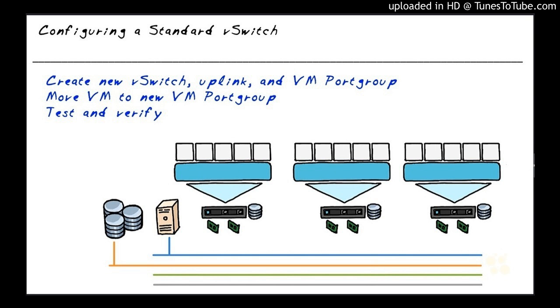So let's go to the home page for the vSphere web client. Let's hover on the home icon up here, and then from the drop down, click on Home. And let's go to hosts and clusters. To get there, we can either click on this icon for hosts and clusters, or we can in the navigator pane, click on hosts and clusters. Either way is great. So with the hosts and clusters tab selected, let's just click on ESXi2, because that's where we're going to create this new standard switch.